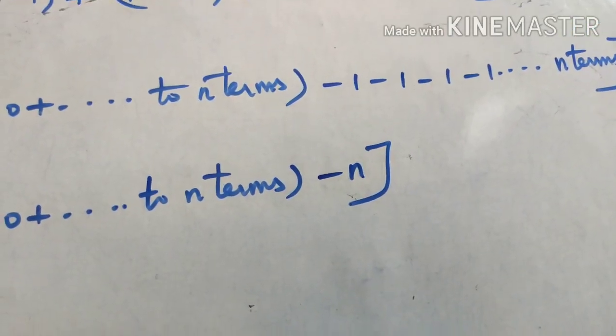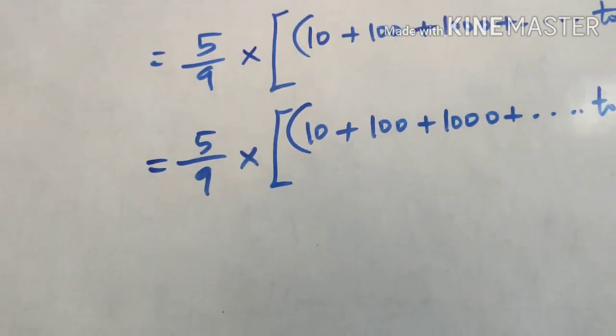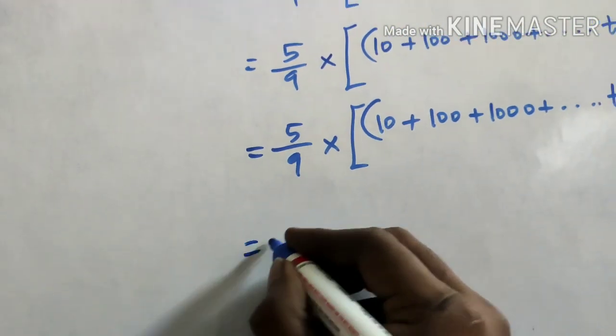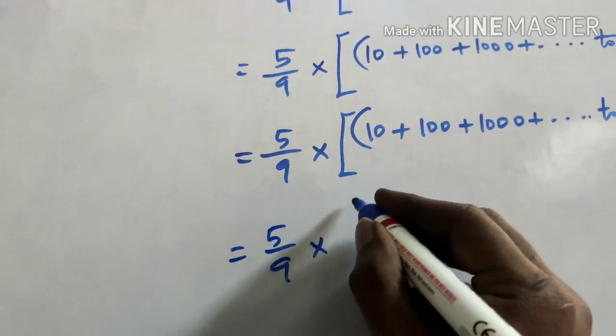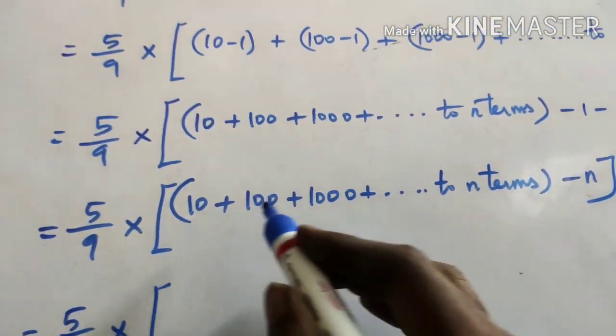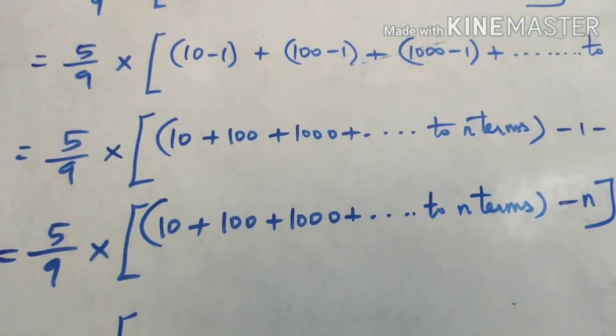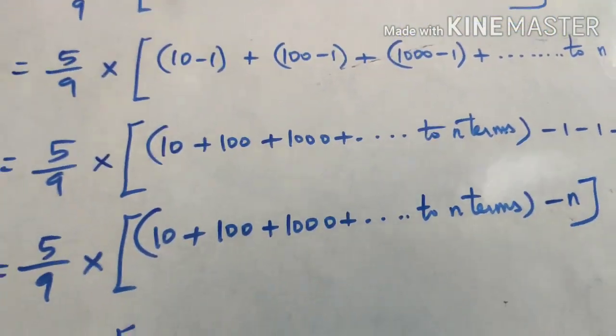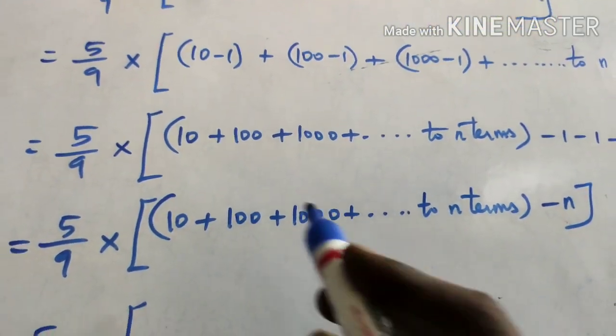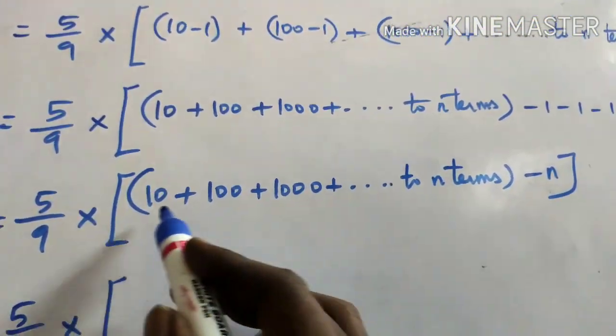Hope it is clear. Okay, now see here, already we have framed a GP. This is already in the form of GP. The reason for grouping is to create the GP. See here, this is a perfect GP.